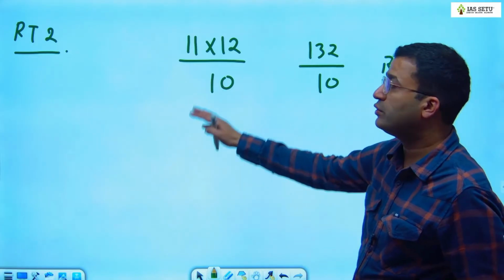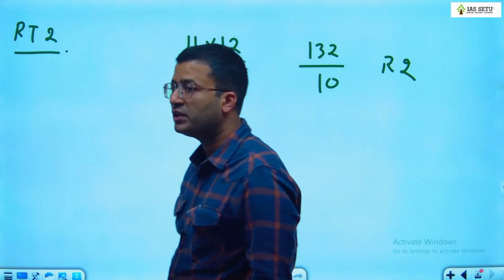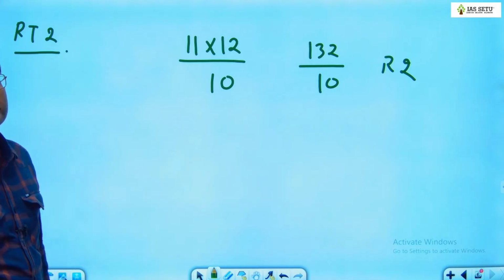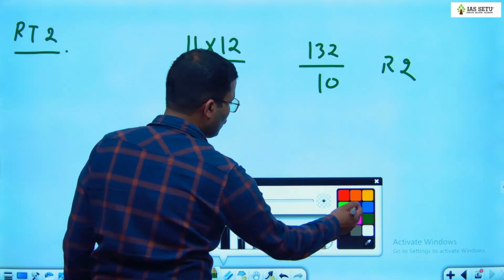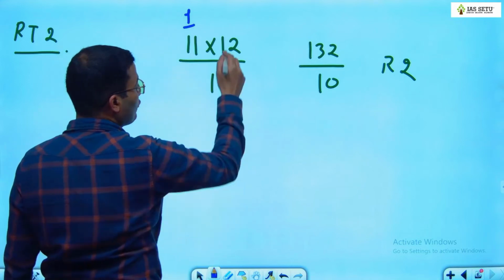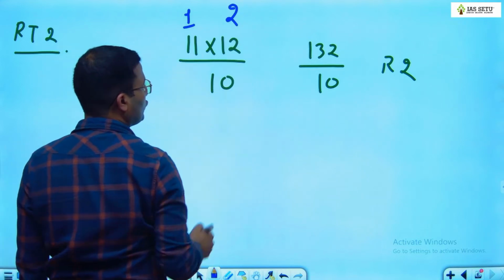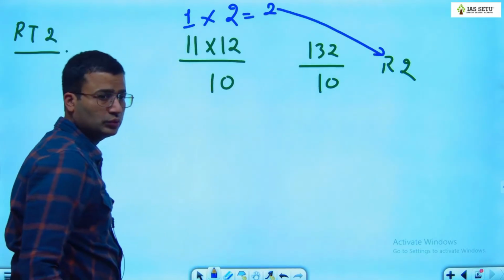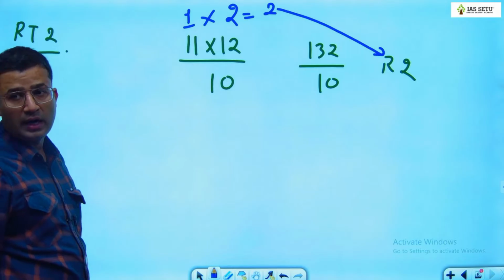But this remainder theorem 2 suggests, as we have done in remainder theorem 1, rather than multiplying it, we can take individual remainder. So this 11 with respect to 10 give individual remainder 1, 12 with respect to 10 give individual remainder 2, multiply, so we get the same answer. And I tell you, this is better.